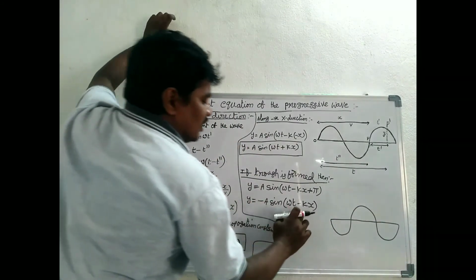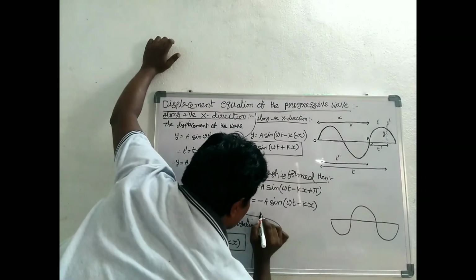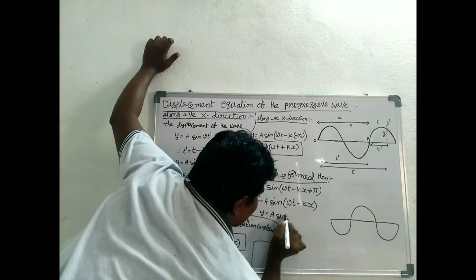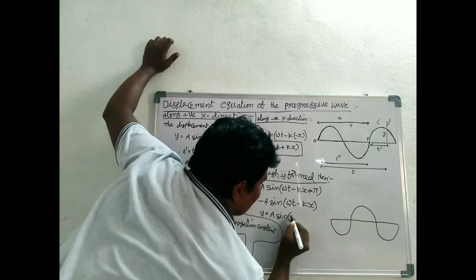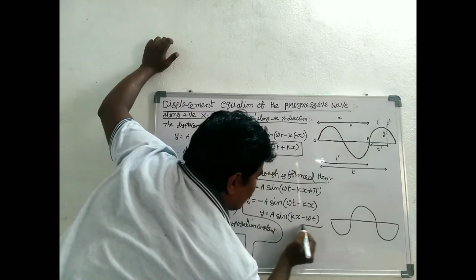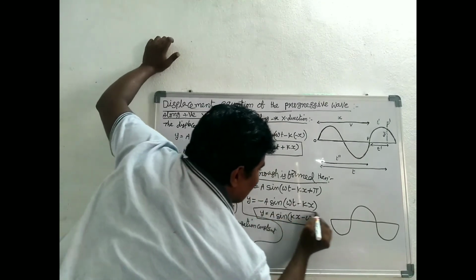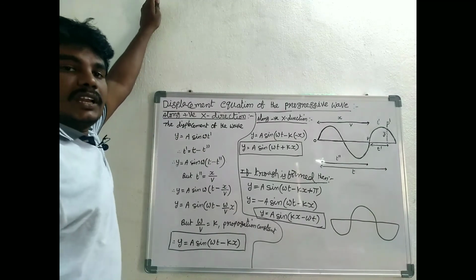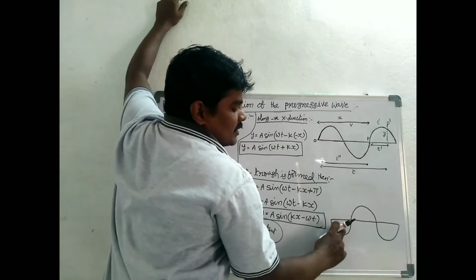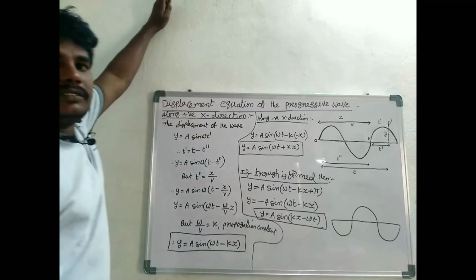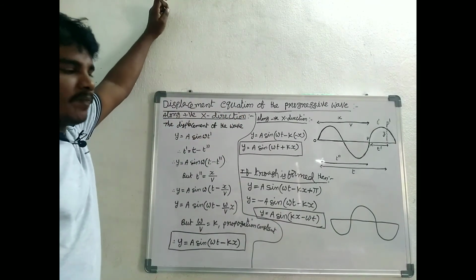We take this minus inside, then we get y equals a sin kx minus omega t. This is another wave equation if a trough is formed and the wave is traveling along the positive x direction.